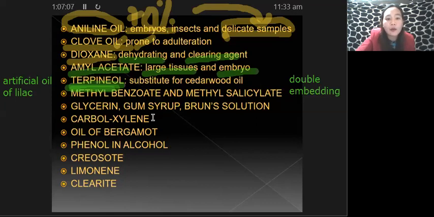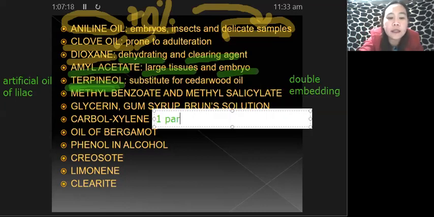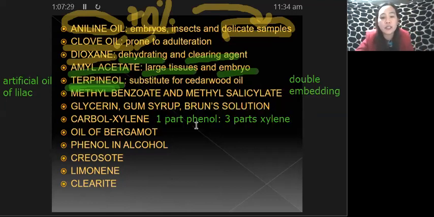Okay, so another, we have your carbolxylene. Your carbolxylene is composed of 1 part phenol plus 3 parts xylene, and it is utilized for materials that are difficult to clear, such as in the case of thick mucinous Papanicolaou smears.